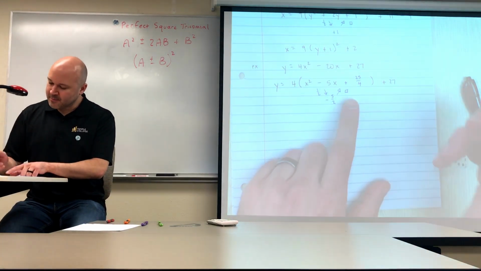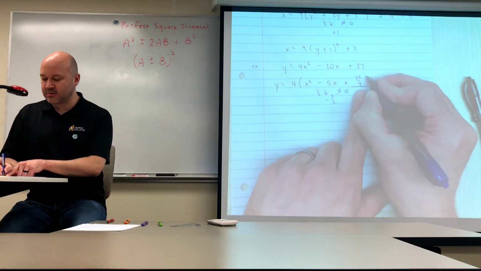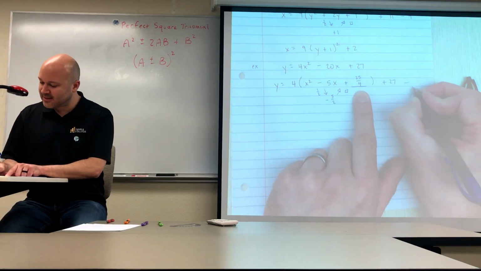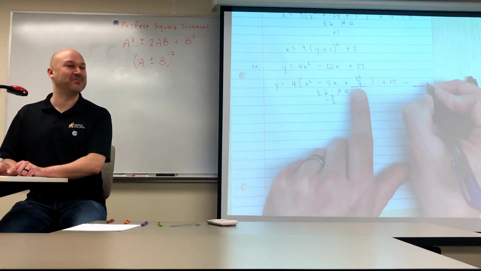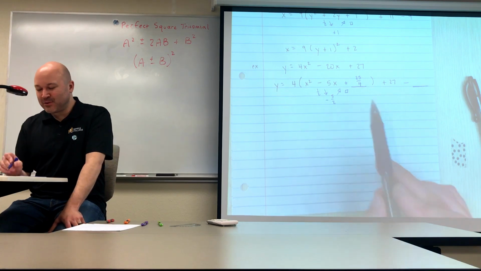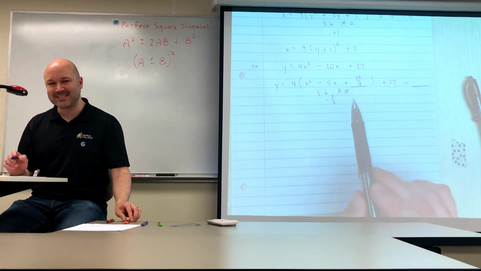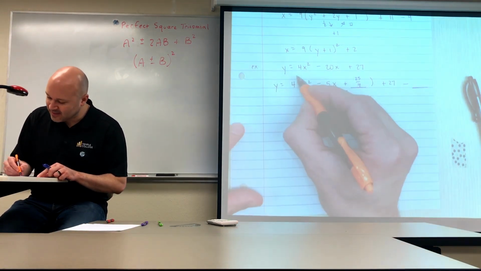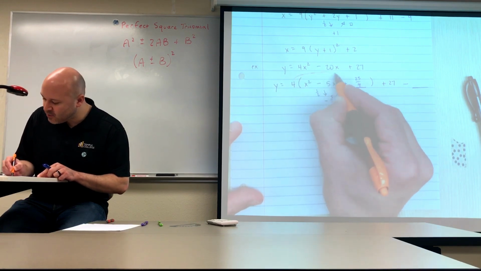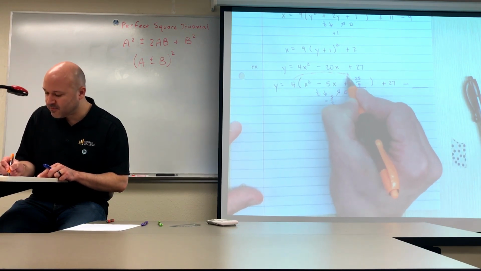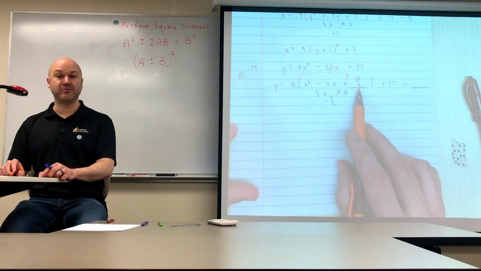Okay? But if I add that number to the right-hand side, I need to subtract that number from the same side. But if I put a 25 fourths inside the parentheses, then 4 times that value, well, that just kind of reduces the 4s.